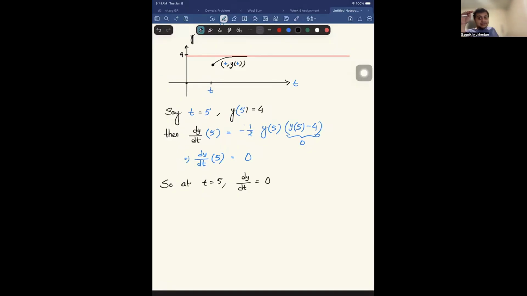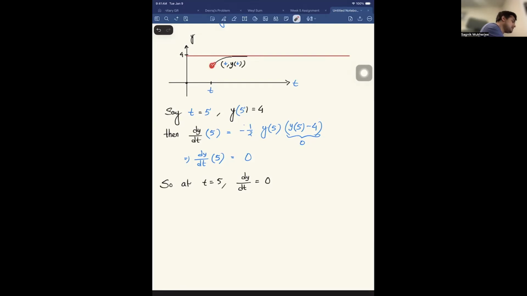Now, as soon as dy/dt becomes 0, it means the tangent is coinciding with the line here, meaning that the function is now constant. So there will be no change. So see, we started from a point where the value of y of t is between 0 and 4.